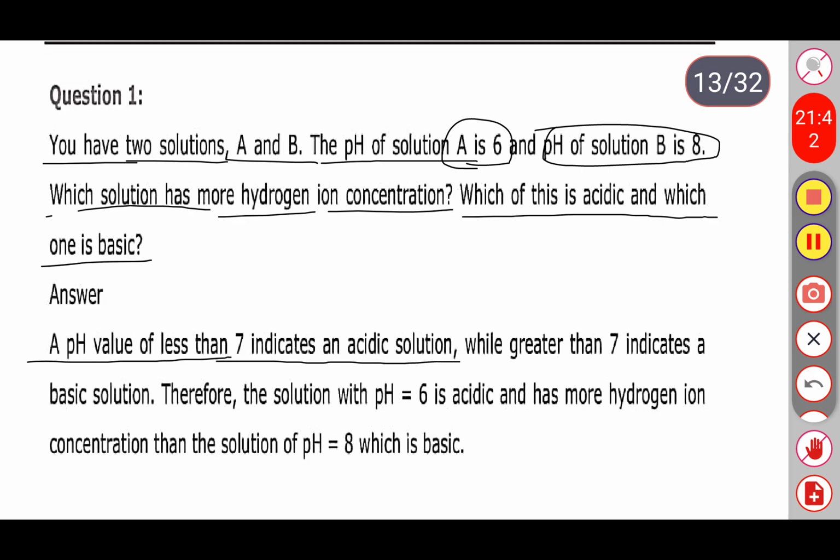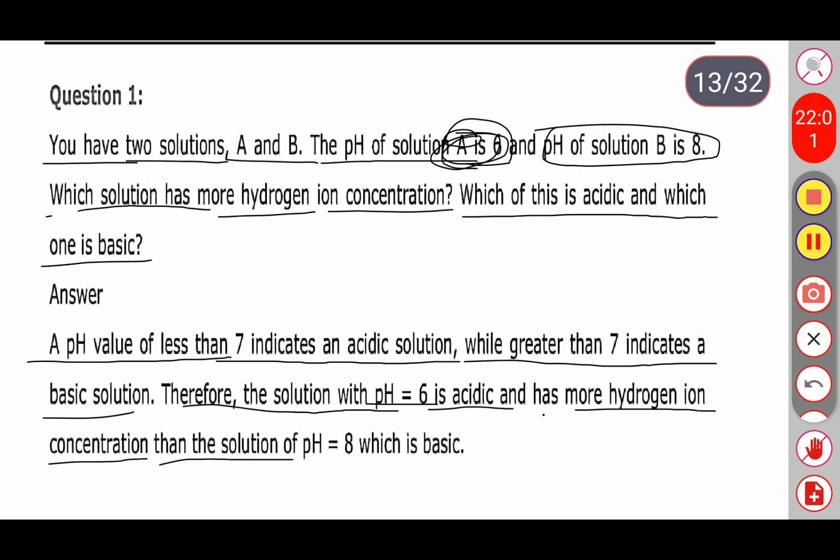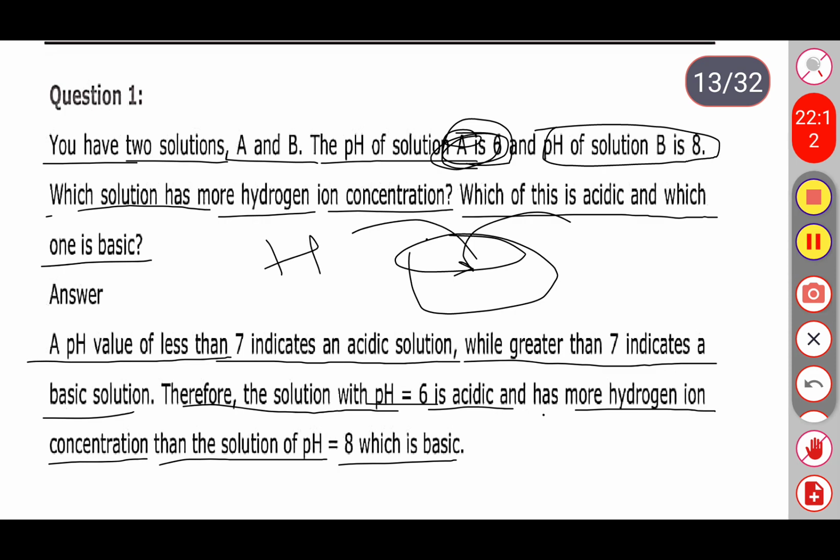Therefore, the solution with pH 6 is acidic and has more hydrogen ion concentration than the solution of pH 8, which is basic. What happens when an acidic substance is dissolved in water? It releases the maximum hydrogen ions. When a basic solution is dissolved in water, it releases hydroxide ions. That's why solution A has pH value 6.